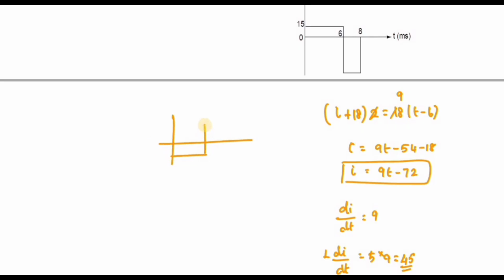It will be looking like this from 0 to 6, and from 6 to 8 it is looking like this. So this is my answer.